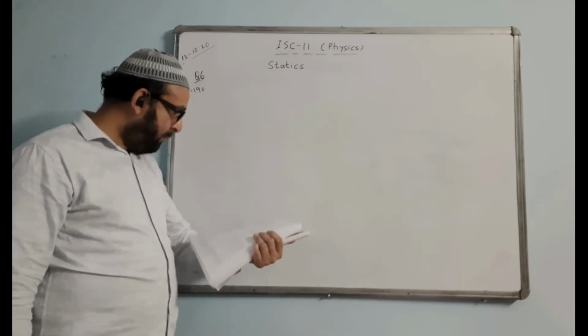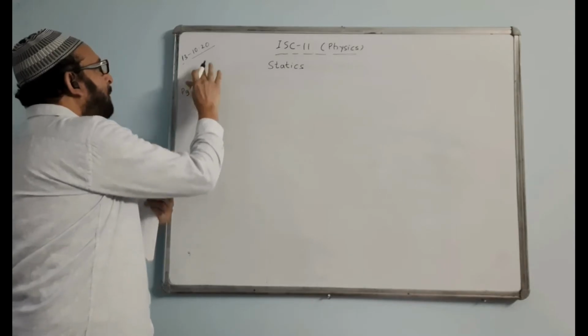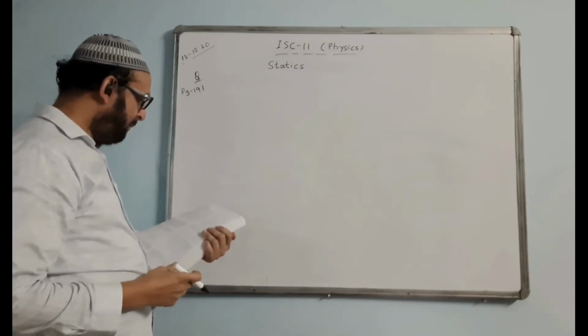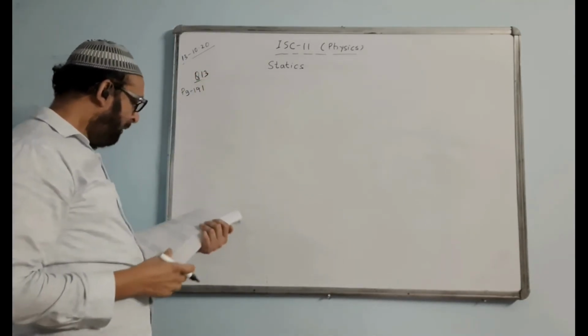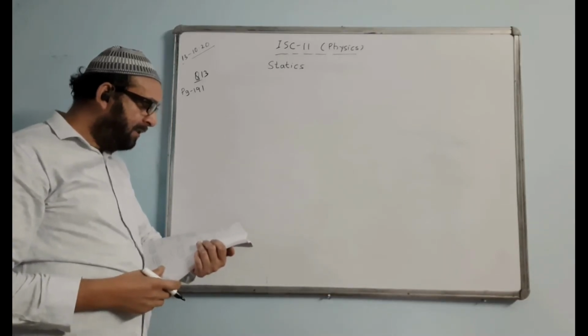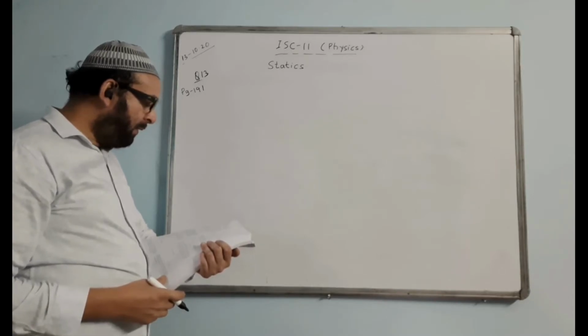Page number 191, and question number 13. We are doing that one first. Question says two men A and B carry a 30 kg sack of cement by means of a pole 2.4 meter long.